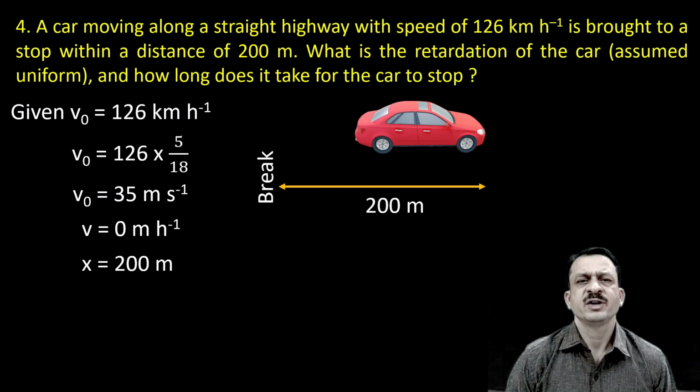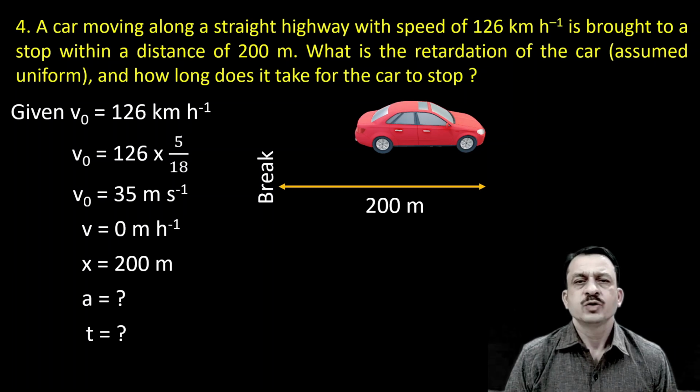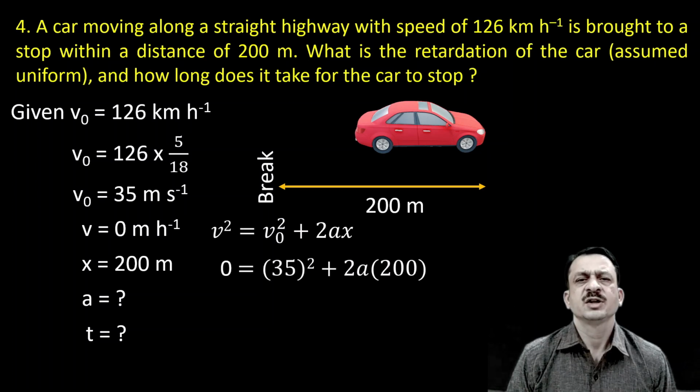Therefore the final velocity v is 0, and the distance traveled, the stopping distance, is 200 meter. We have to calculate the acceleration. Now by using the third kinematic equation, v squared equals v naught squared plus 2ax, substituting the values, v is 0 and v naught is 35, whole squared, plus 2 into a into x, that is 200.